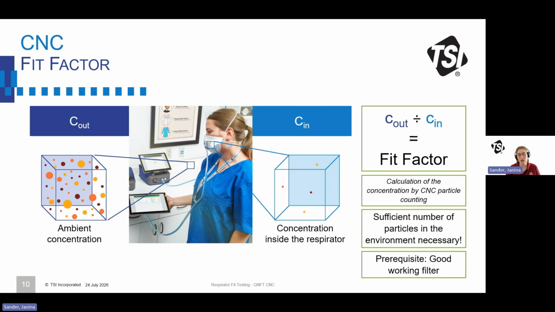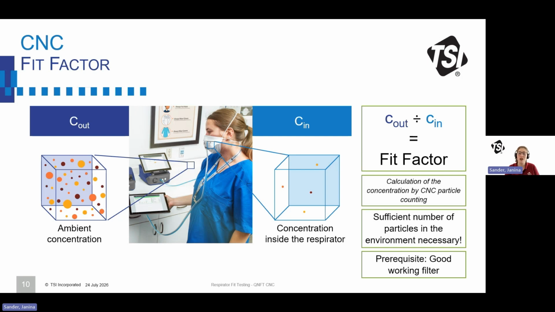This is the first thing you need to take into account. The second thing is that this fit factor idea and calculation has the prerequisite of a good working filter. If you have a broken filter, for example, on your respirator, then there are lots of particles coming into the mask, but through the filters, and we can't assume that all particles that we measure inside the mask come in through leakages.